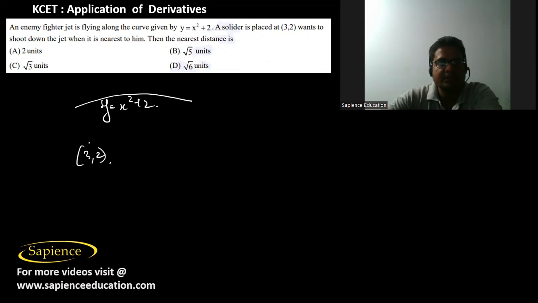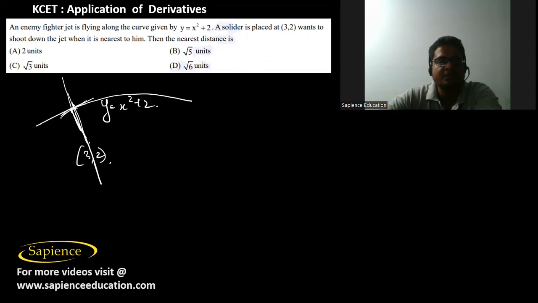so the nearest distance will come when the normal to the curve passes through this point. So the normal to the curve passing through this point, that we have to find.